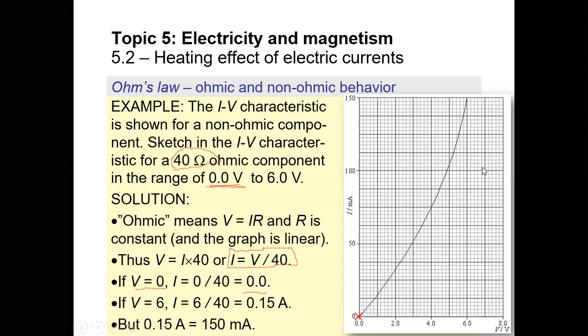On the top, you can see at this point, in the milli. So when V is 6, I is 150 milliampere. So you can draw a straight line like this. Now this is a linear graph, so it is a graph for the ohmic component.